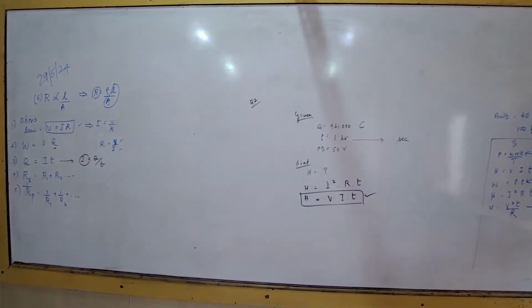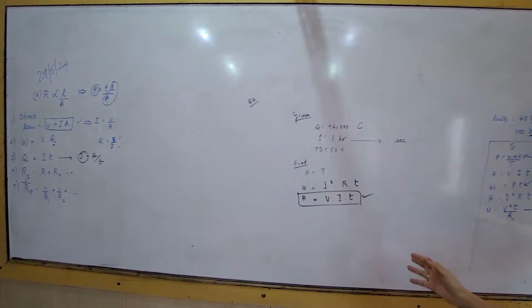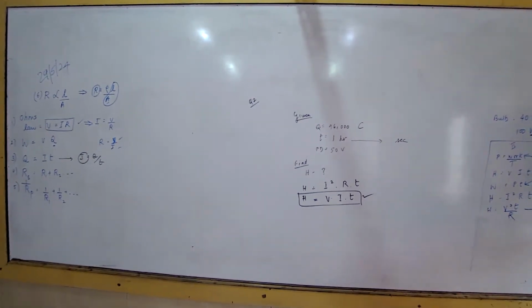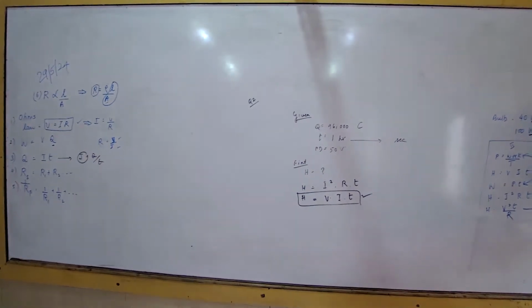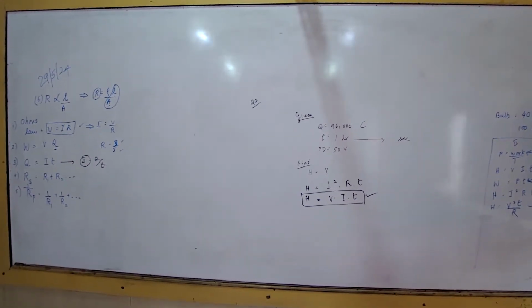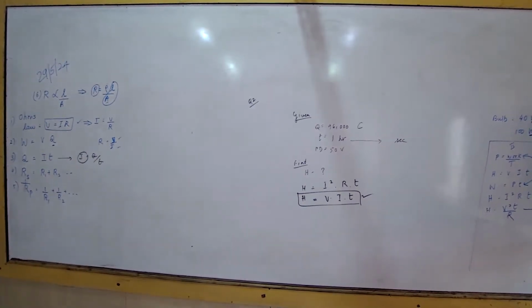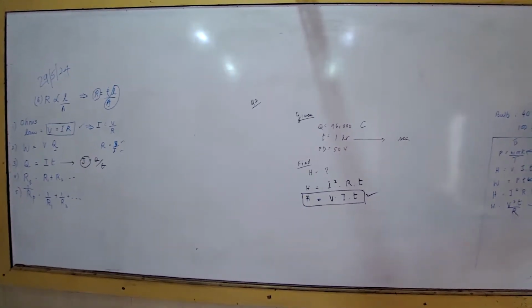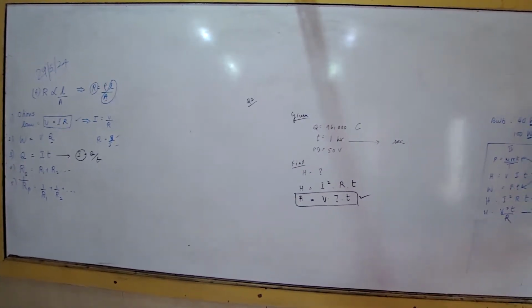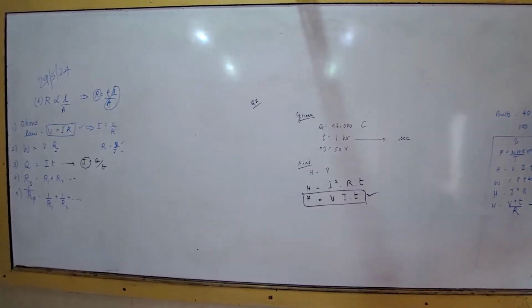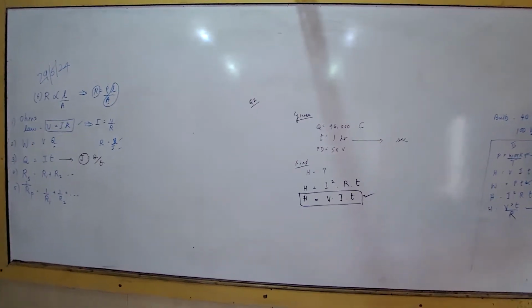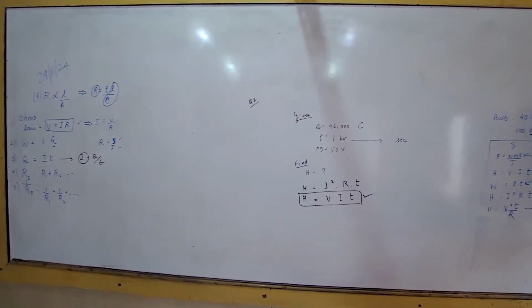Heat is 133.3. It's a very big number. So you will have so many zeros.